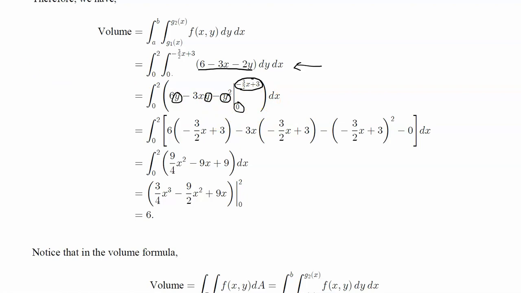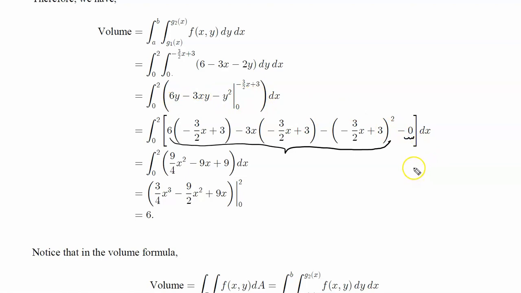So here we go. Let's do that. This first part right here is where we put negative 3 halves x plus 3 in for all the y's. And then we put 0 in for all the y's, and we get this 0 right there, of course.